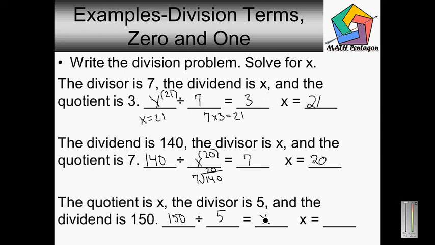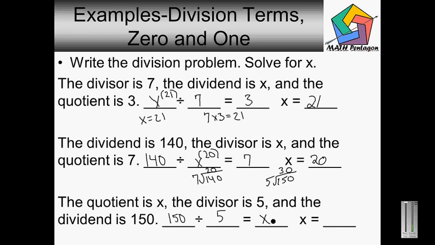So we have to figure out the answer. In order to do this, we would have to do 150 divided by 5, and I would do it right here. 5 goes into 15 3 times, and 5 goes into 0 times. So 5 times 30 is equal to 150.